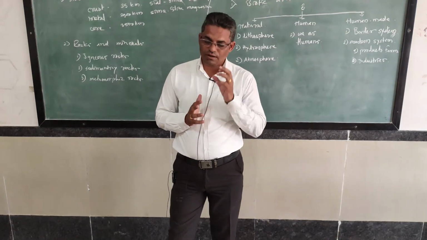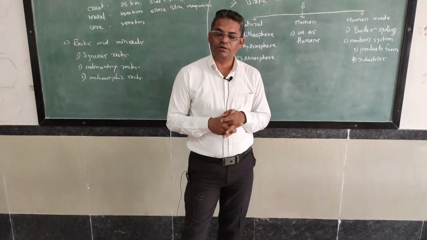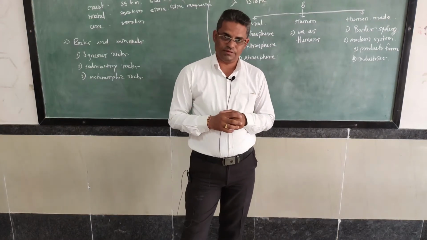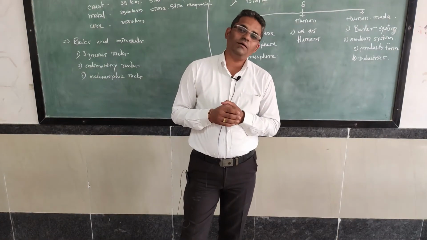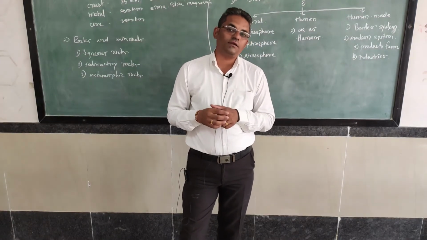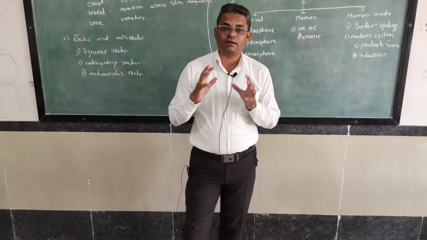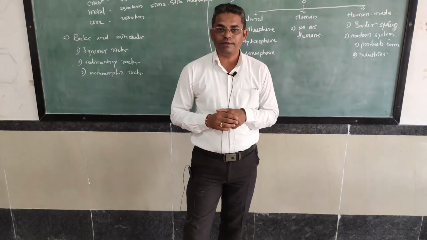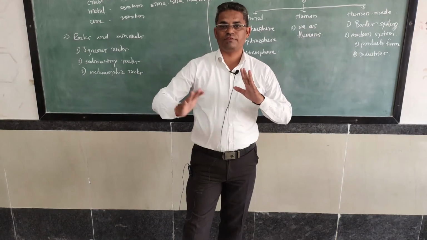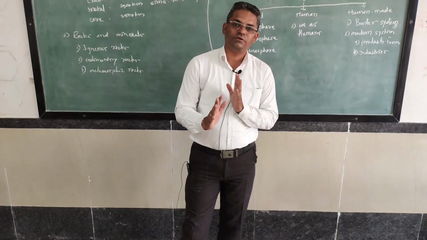How does it change according to lithosphere? On the high mountains the atmosphere is cold. In the valleys it is cold, but on the plateaus and plains it is hot. Why? Because the area receiving sunlight is larger, and that is why it is hot.